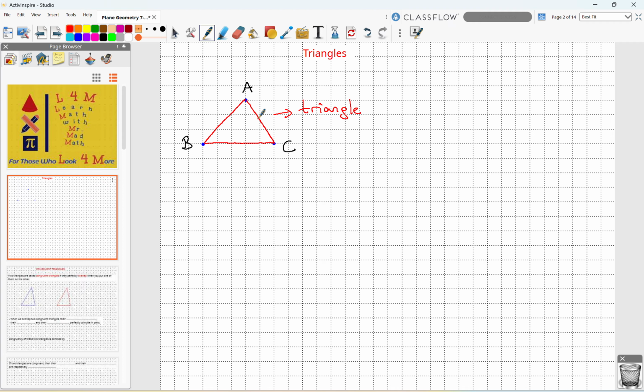So triangles are named according to their vertices, and we denote this triangle as triangle ABC. Okay, that's the notation. These 3 points A, B, C are called the vertices of triangle ABC.